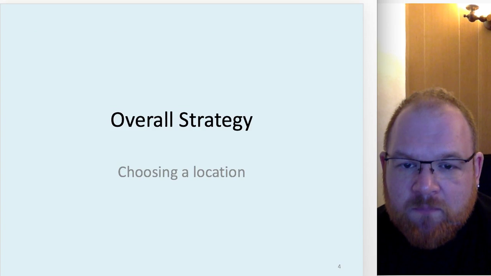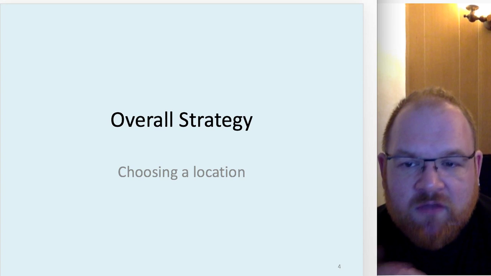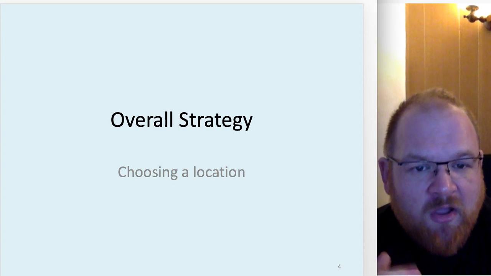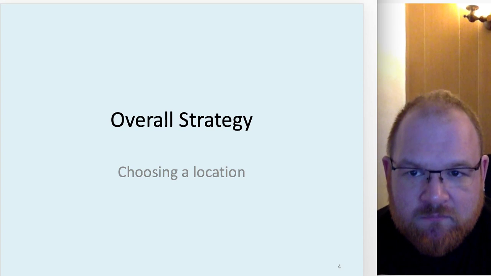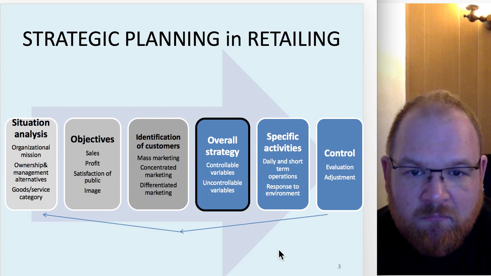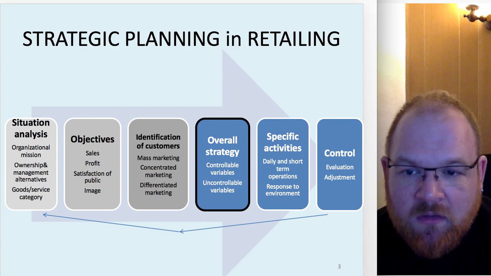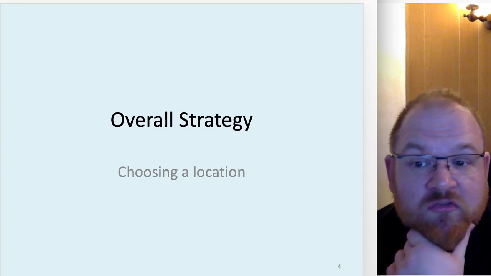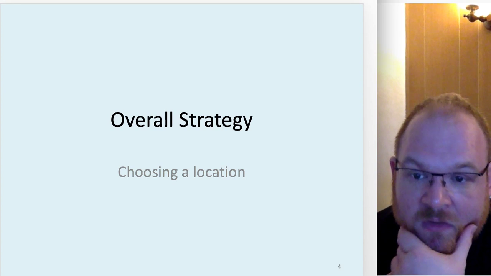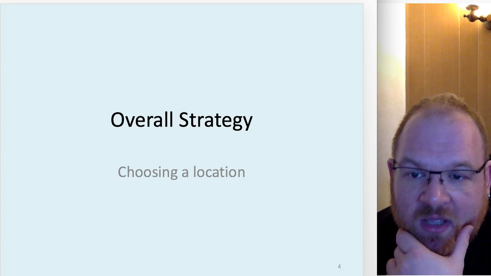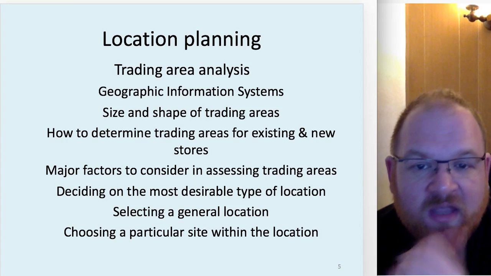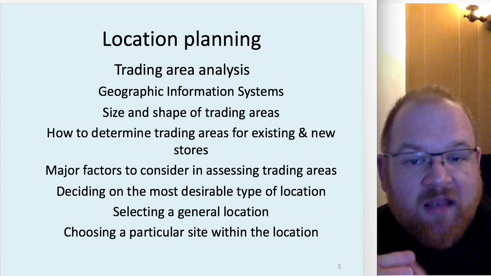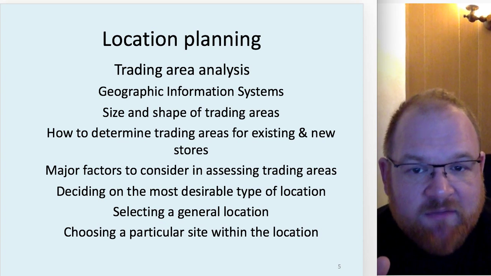So, just going to have a look at a section of that in terms of the overall strategy section. This one here, with a particular view in terms of looking at choosing a location, and the kind of things we'll be looking at will be how to analyze a trading area.